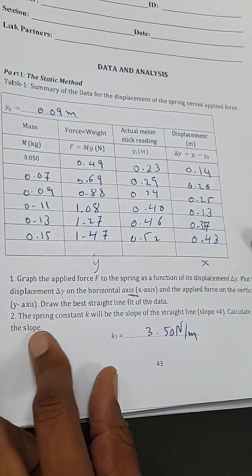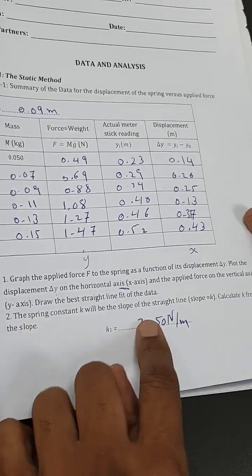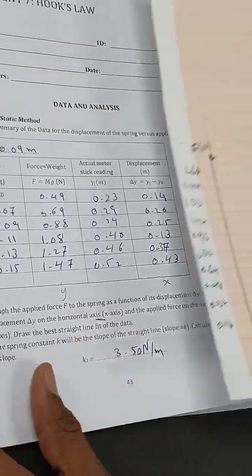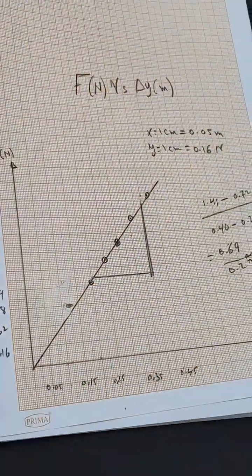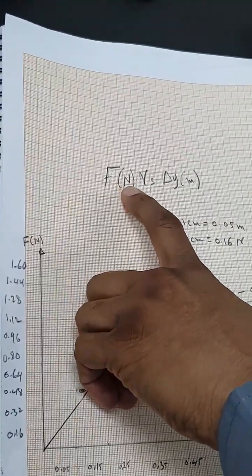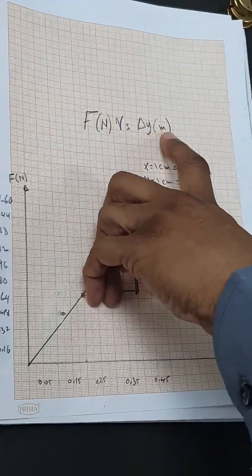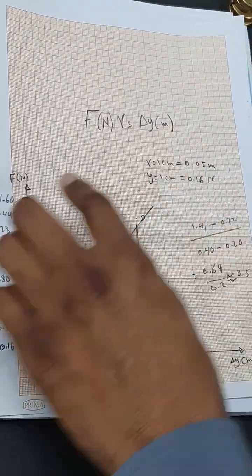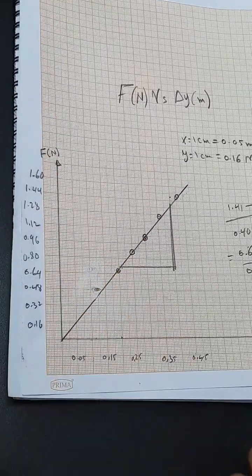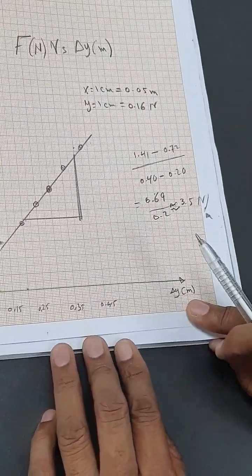After that, we will get K. The spring constant K will be the slope. So the graph is the force in newtons versus the displacement delta y in meters.